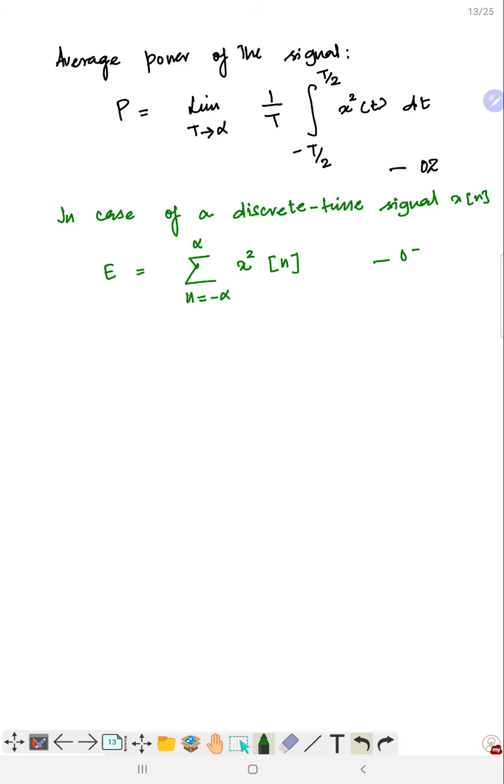Let's call it 3, which means it will sum up all the samples from minus infinity to plus infinity. And then the average power will be given by again the limit as N tends to infinity of 1 upon 2N, where 2N is the total number of samples, and n runs from minus N to N of x square n.